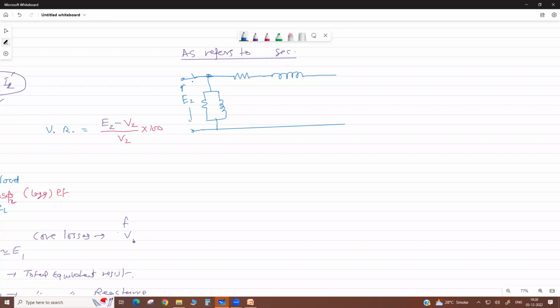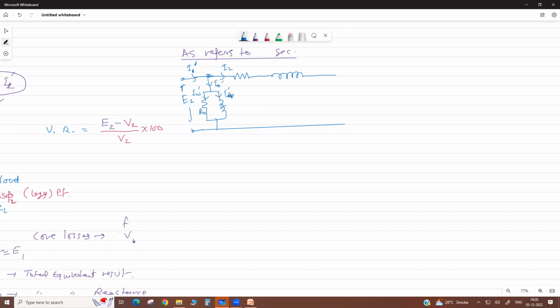Here it is I2, here it is I1 dash, this is your I0 dash, with components I omega dash and I mu dash.